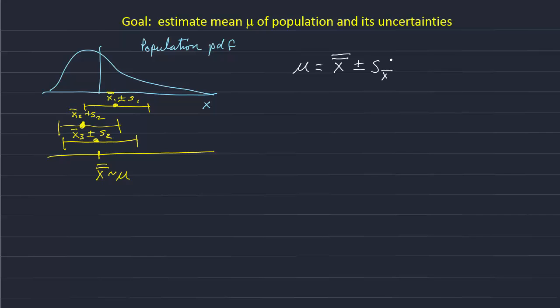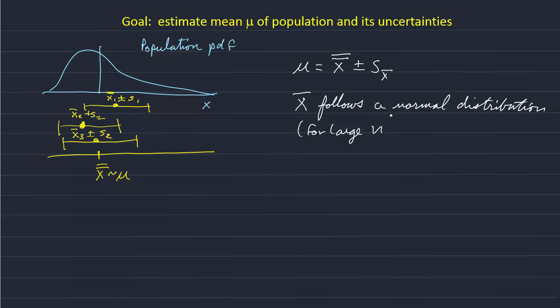So given that x bar follows a normal distribution, and that's true for large N, I should qualify that. For large sample sizes, and that's, say, greater than 30.